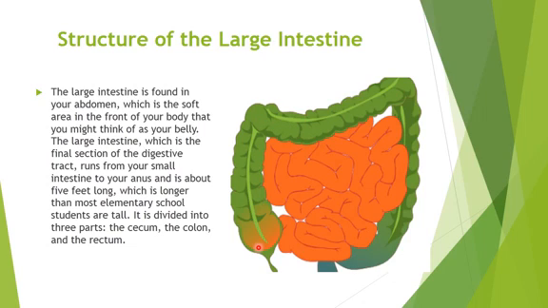One might think that the front part of your body is the belly, but it is your large intestine, and it runs from the small intestine till your anus, and its length is almost 5 feet, which is almost longer than the height of the average student in that age group, which is the elementary student, we can say.